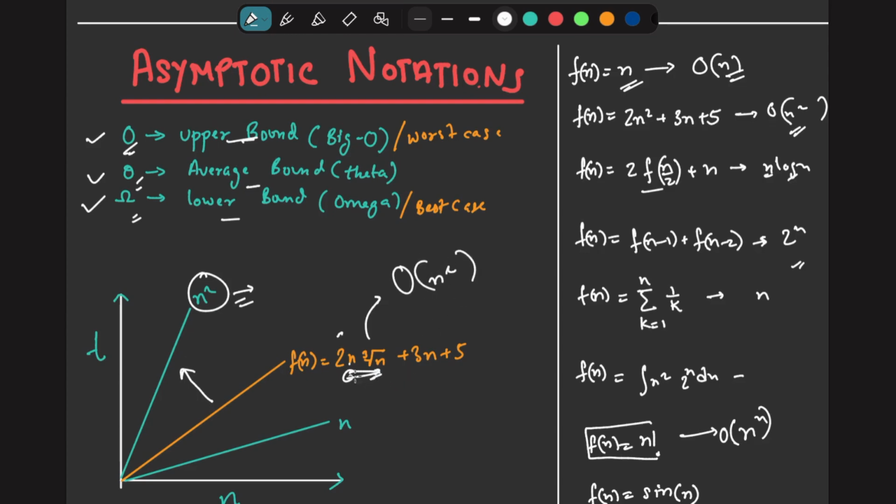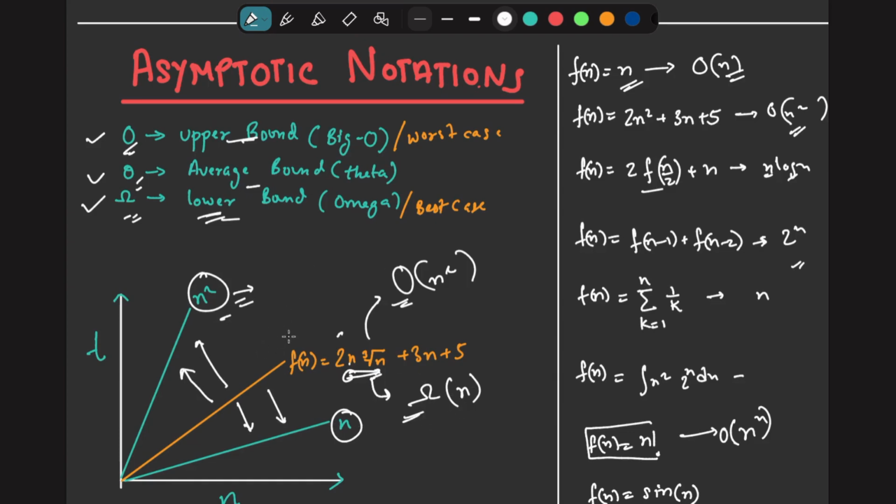And similarly, for a function whose highest degree we cannot determine, it can also be written in terms of a lower bound function. For example, the nearest class just below it will be omega of n, because we use omega for lower bound and big O for upper bound. So in the upper part it has n square, and in the lower part it has n.